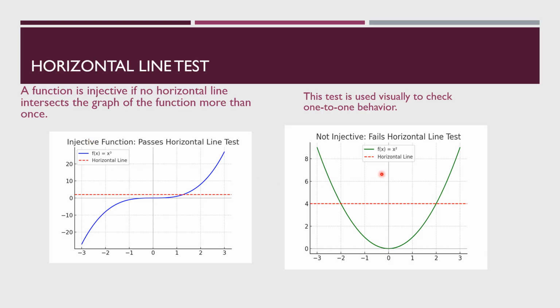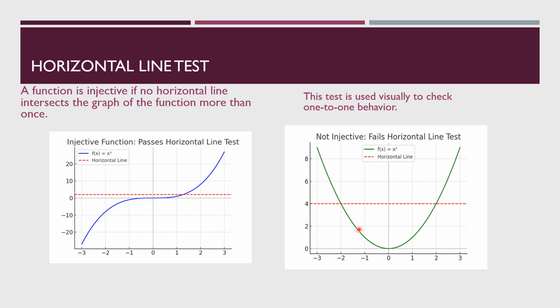Let's move to the next graph at this side. Here we have the graph of f of x equals x squared, and it is a U-shaped parabolic curve. When you look at this curve and you draw the horizontal line, we are expecting the horizontal line to intersect the curve at one point.